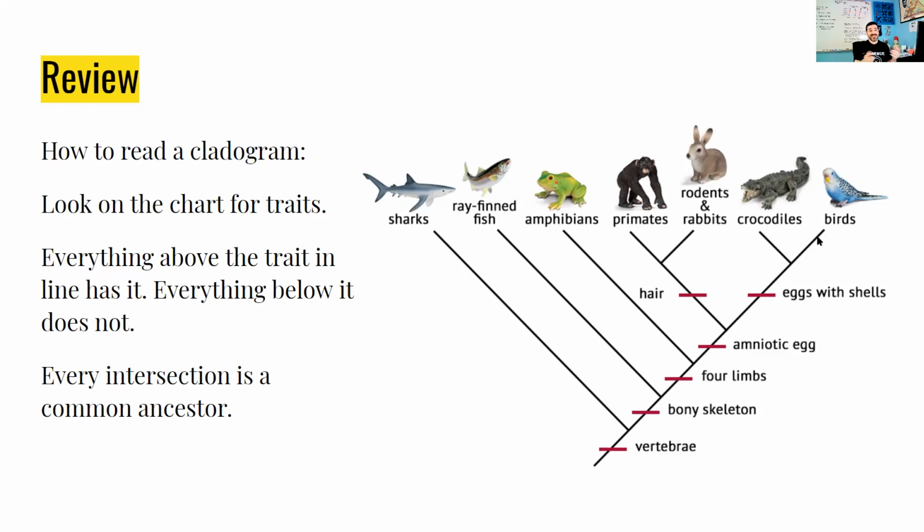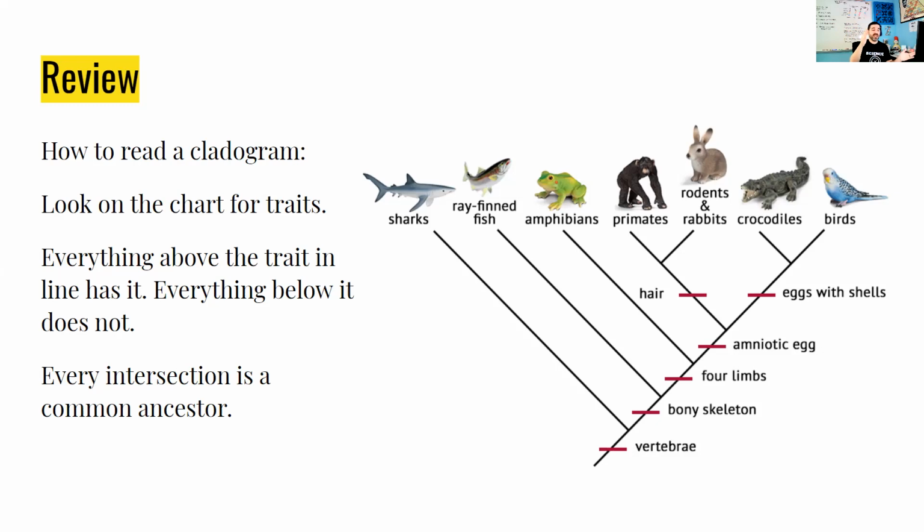So we could essentially switch rodents and rabbits and primates as far as the order at the top. We could switch them and everything would still be the same in terms of who's more related to who, or who has a more recent common ancestor. Once again, we're looking for those points of intersection to determine that. How we're going to read this, once again, a little quick recap here. Every characteristic that's listed on the side there, if you're after the characteristic, you possess that trait.